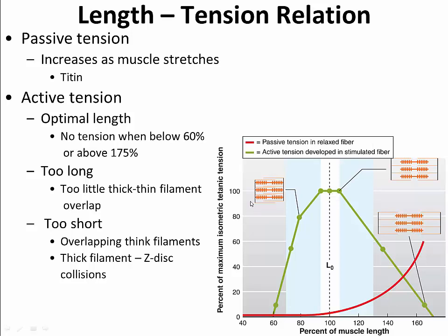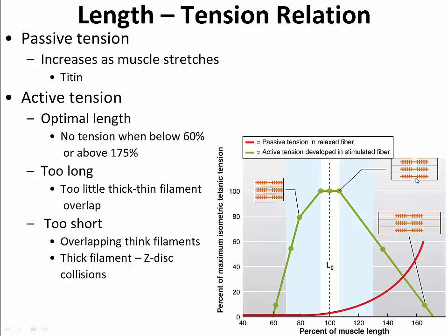The muscle tension is described as percent of the maximum tension you can generate, so we're at 100% at L of 0. As we stretch the muscle, the degree of tension we can generate goes down and down and down until when we get to 175% of the L of 0, we get no contraction, no tension generated at all.